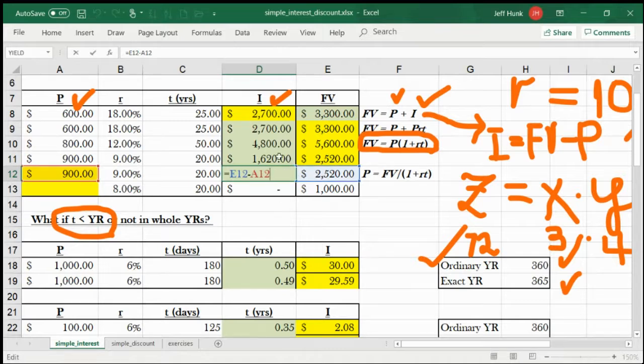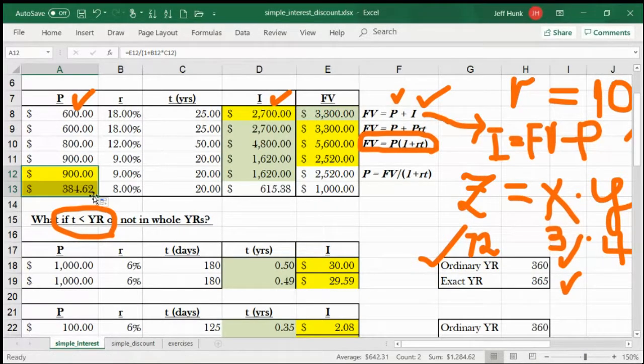In the previous one, I found the interest this way. So in the second row 13, principal can be found simply by replicating the formula we found there. Also here, I had that built in.